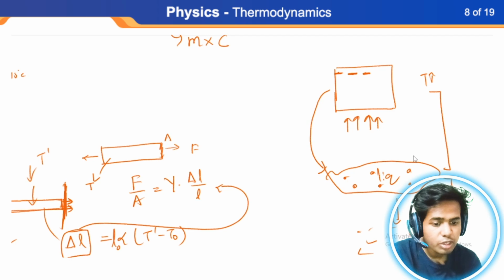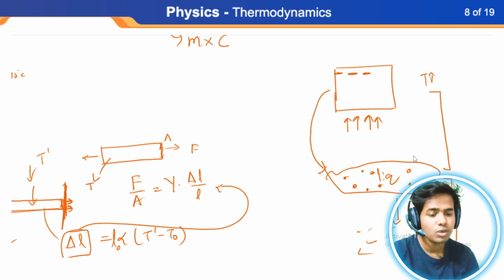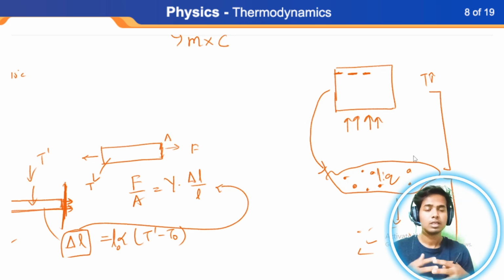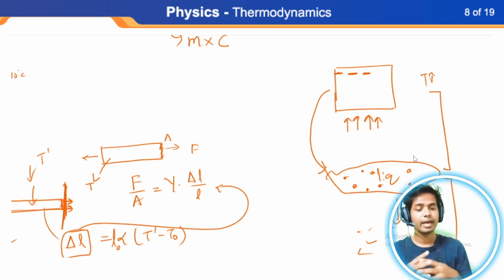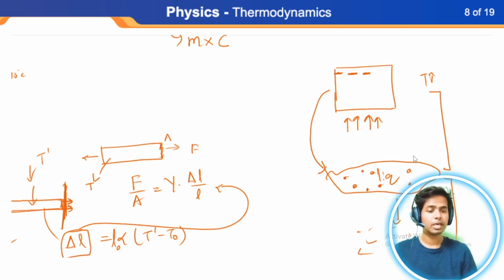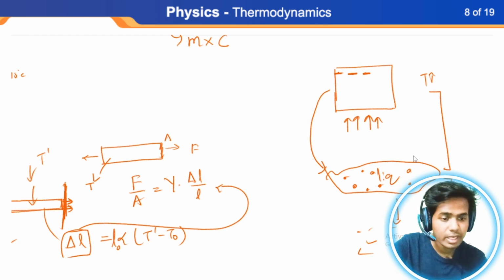Now to send the molecules so far apart, the atomic attractions between them must have been removed, right? And that requires some work to do. That is why we have the difference between them.